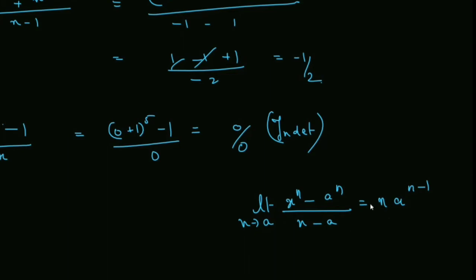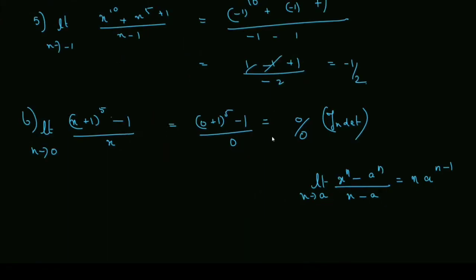So these formulas we use only when you cannot factorize it, and also when you apply the limit, when you apply the value straight away, you are getting indeterminate form. So we try to use these formulas now. The x power n minus a power n by x minus a.